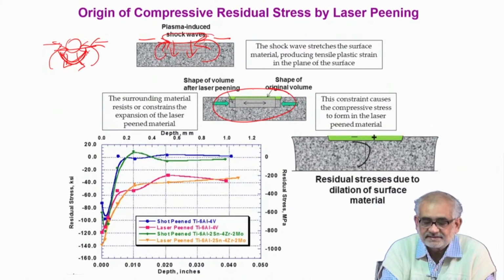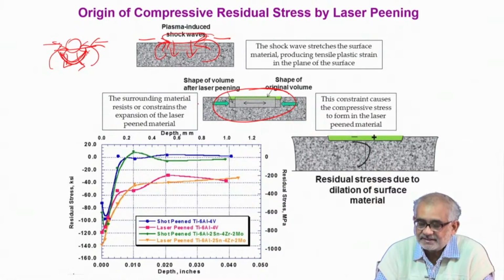So this is exactly the mechanism that is followed, and as a result, this is the tensile side and this is the compression side. So onto the surface you have a state of stress, let us say up to this depth, which is negative, compressive in nature, and below that in the interior you may have a positive state of stress.